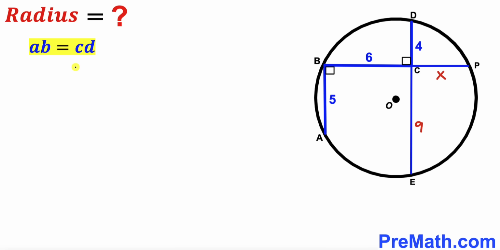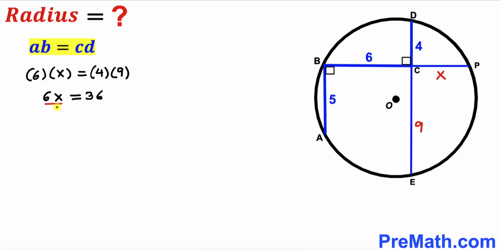Then according to the intersecting chords theorem, we could write 6 times x is going to be equal to 4 times 9, or simply we can write 6x equal to 36.